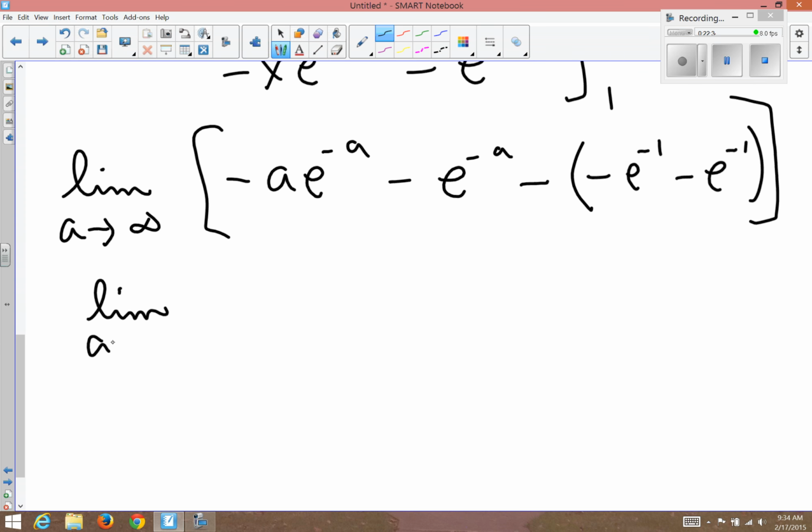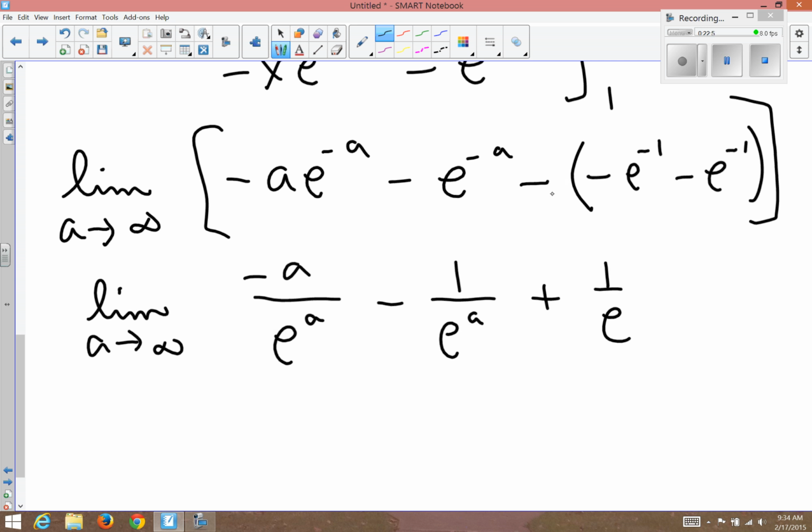Bring down the limit as a approaches infinity. This term is negative a over e to the positive a. This term is negative 1 over e to the a. Minus minus here becomes plus 1 over e. Another minus and a minus becomes plus 1 over e.